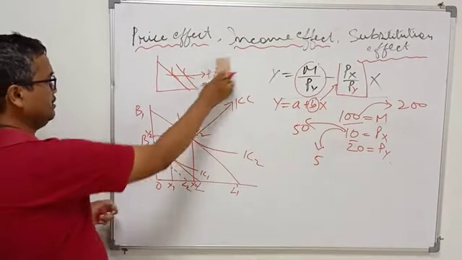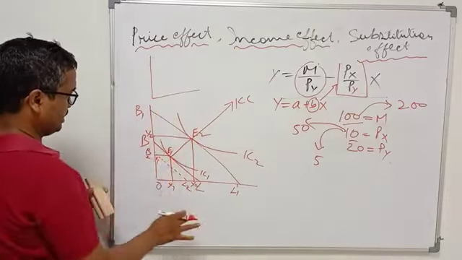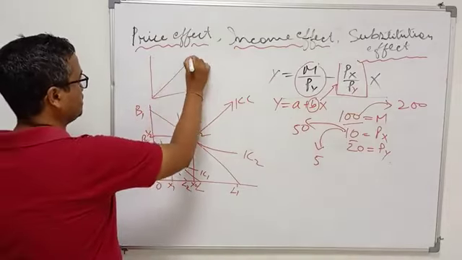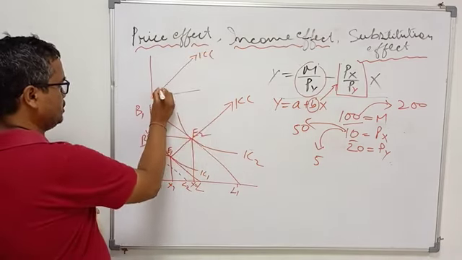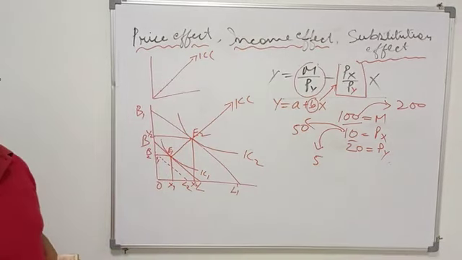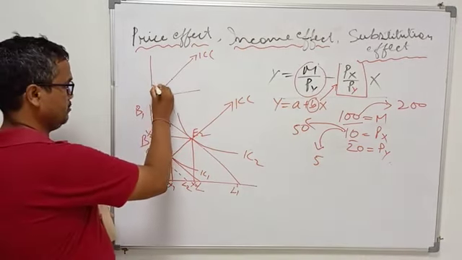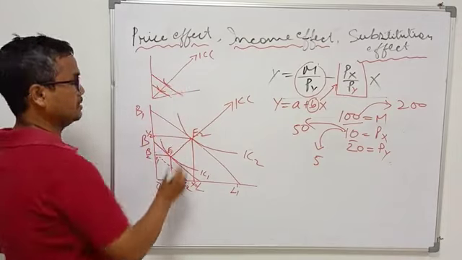So what does it mean? Basically, if instead of drawing budget lines and indifference curves, you know this is your ICC, income consumption curve, that means each and every point on the income consumption curve is an equilibrium point. Equilibrium point means somewhere a budget line is there, an indifference curve is there.